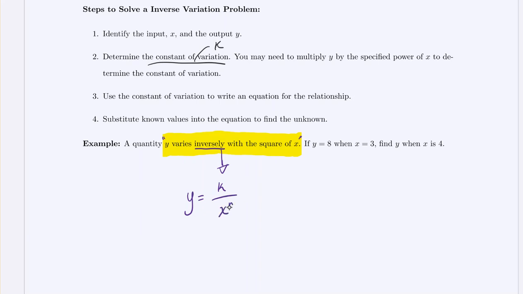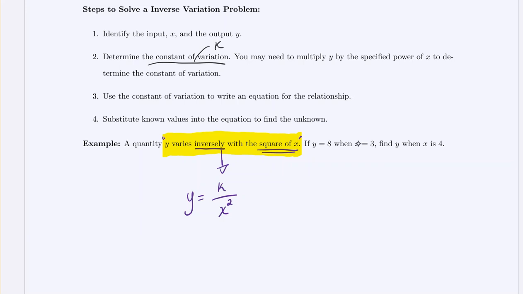I just have to now translate what the exponent on x would be, and they say the square of x, which makes us think of x to the second power. So specifically for this problem, it's y equals k divided by x to the second power. That's our general equation.